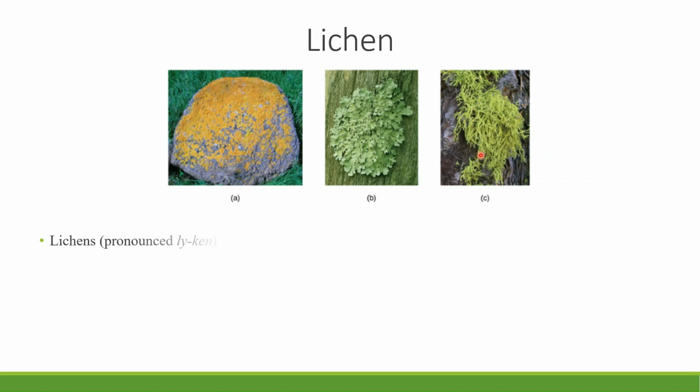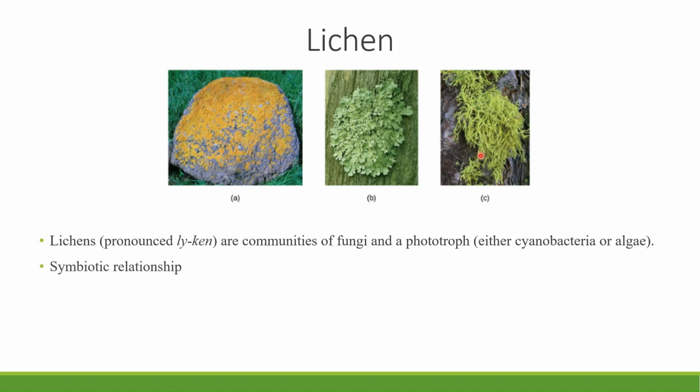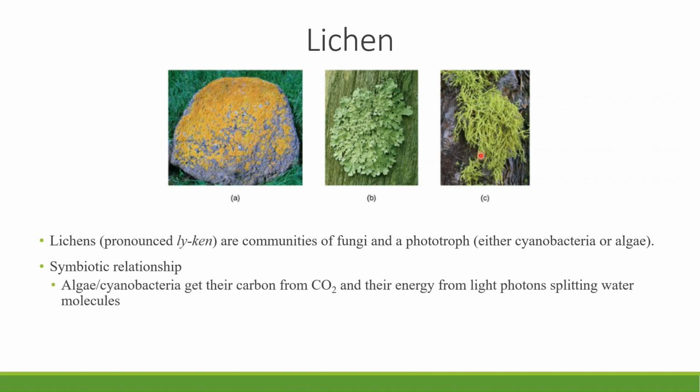Lichens, it's pronounced lichen here in the US, they're communities of fungi and some sort of photoautotroph, either cyanobacteria or algae. And when they come together, we call this a superorganism. And because they act as like a single organism, even though they're two distinct species, or could be multiple species living in there. But you always need to have a fungi and a photoautotroph.